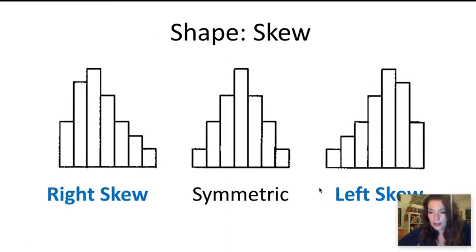All right, now we have the shape. So right skew is if you can see that if I draw an imaginary curve, most of the data is on the left, but I will have a tail going towards the right. This is symmetric. If I drew an imaginary curve, if I folded it in the middle, I would have approximately the same amount on the left and right.